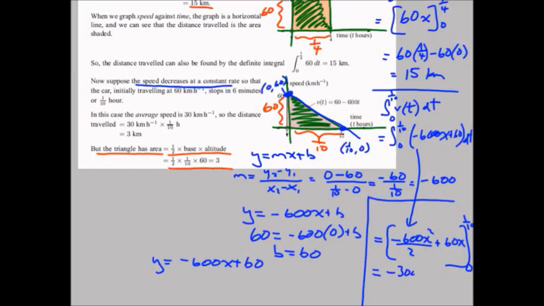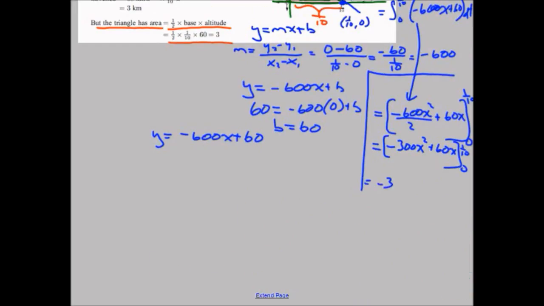This would be negative 300x squared plus 60x from 0 to 1/10, minus 300 times 1/10 squared plus 60 times 1/10, and plugging in the 0 is just going to subtract 0.